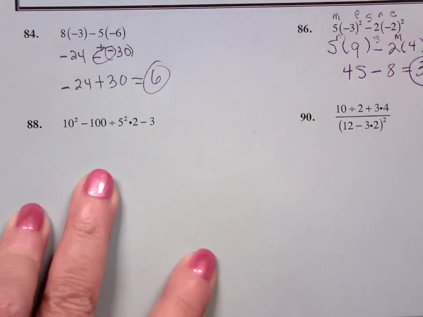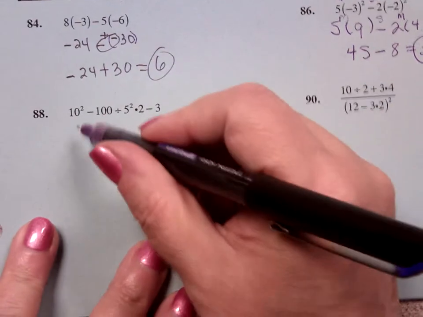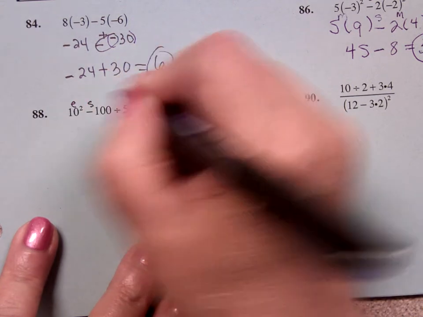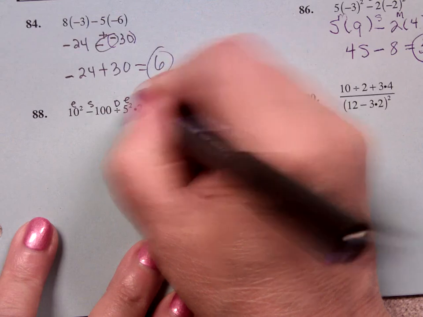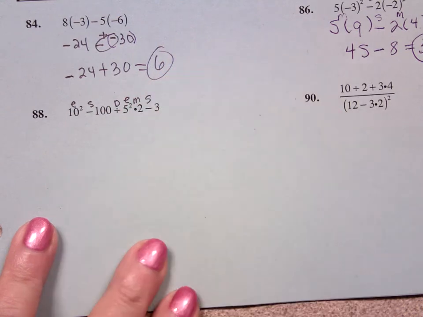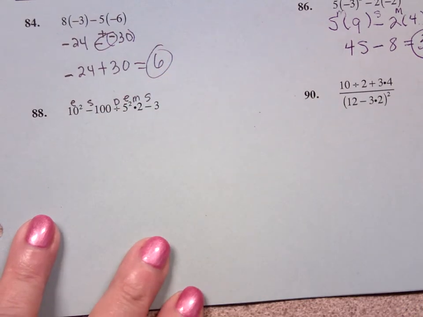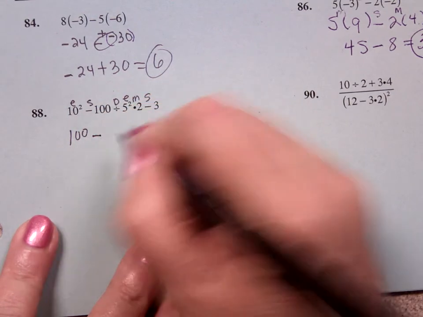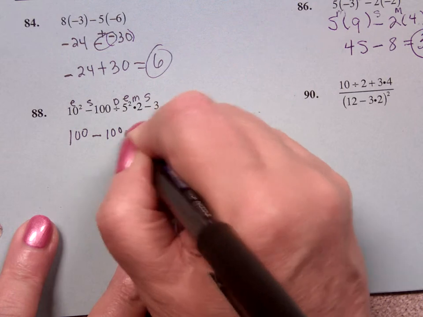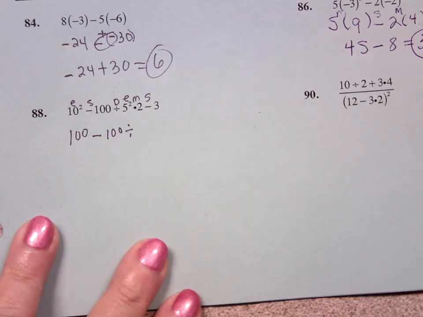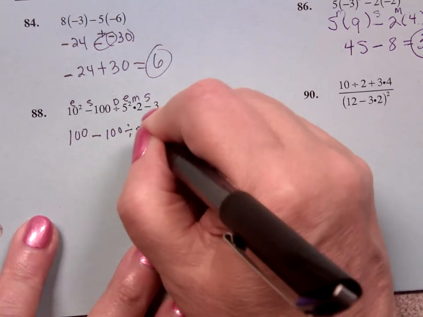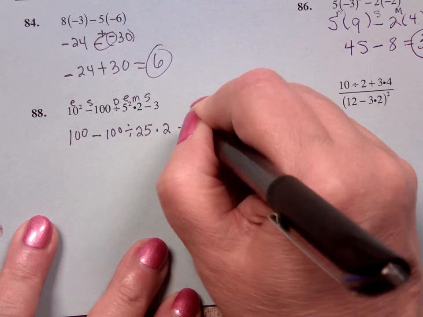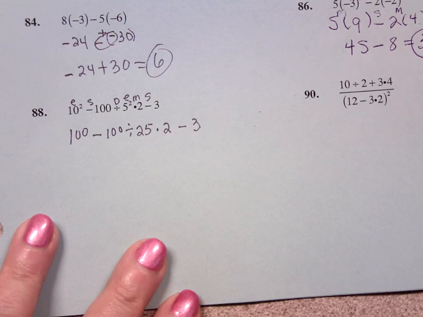So here we go. This says 10 squared, so this is an exponent, subtraction, division, exponent, multiplication, subtraction. Exponents get done first. So this is 100, subtract, 100, divide, 5 squared is 25, multiplied times 2, subtract 3. So I've got the exponents done.